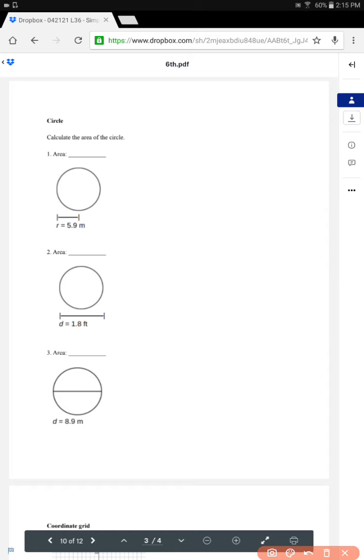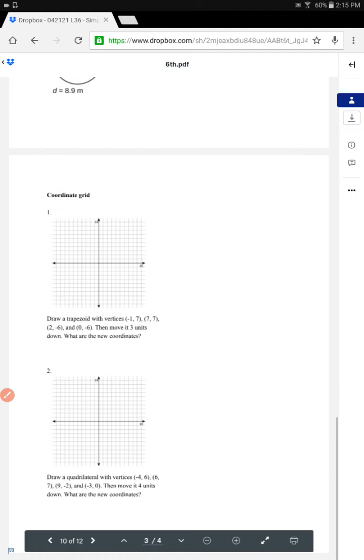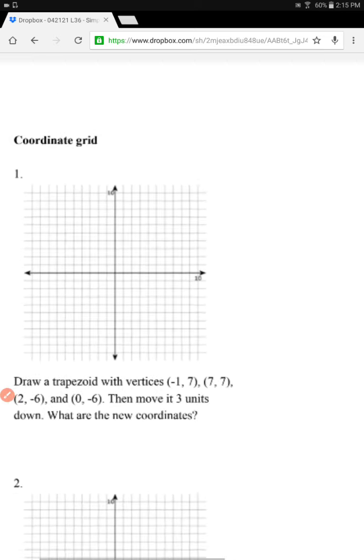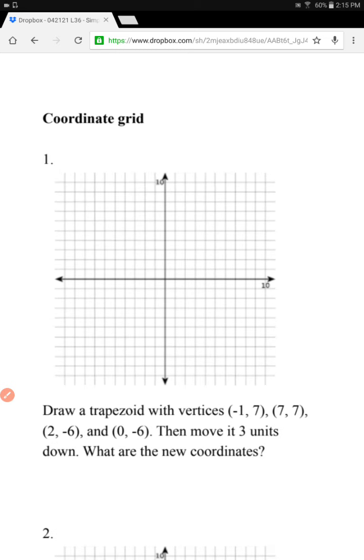Moving on, we have a coordinate grid. Draw a trapezoid. Let me zoom in a little bit. Draw a trapezoid with vertices -1, 7, 7, 7, and so on. Then move it 3 units down. What are the new coordinates?